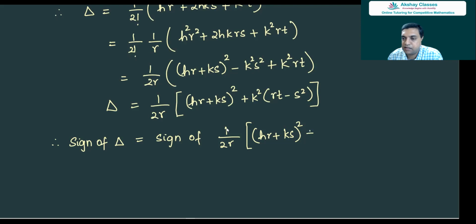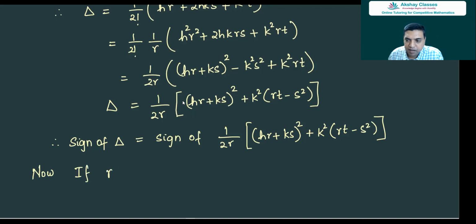So remember that rt minus s square. Now delta will be positive if rt minus s square is greater than 0. All the terms are positive, this whole entire term will be positive. Then the sign will depend only on r.